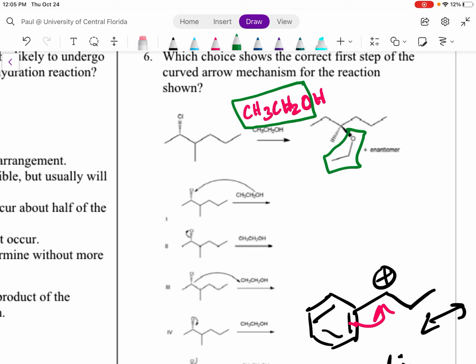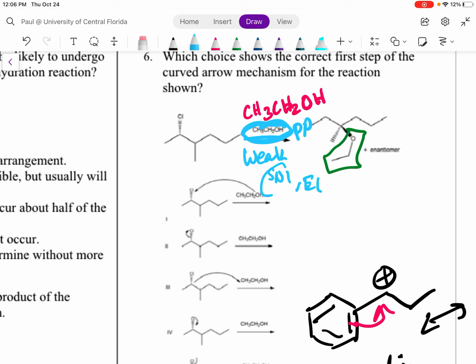Okay, also when we take a look at this, we have the attacking species, which is weak. So that favors what? SN1 and E1. Now that ethanol, most people know that ethanol is a liquid at room temperature. And so ethanol can also act as the solvent, and that solvent is a polar protic solvent.